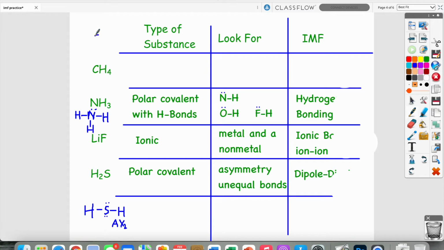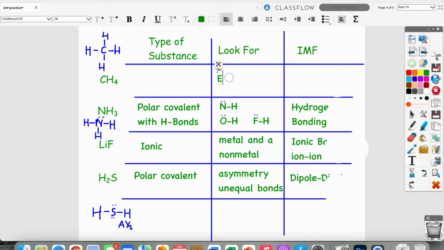CH4 is a C, and it has bonds going in four directions, so it's an AX4. They are all H's, so they are equal bonds, and they are symmetric because it's an AX4. If it's equal bonds and symmetric, it should be a non-polar compound. So this is our Lewis structure, and we're looking for equal bonds and symmetry. It's an AX4, and so that is non-polar covalent.